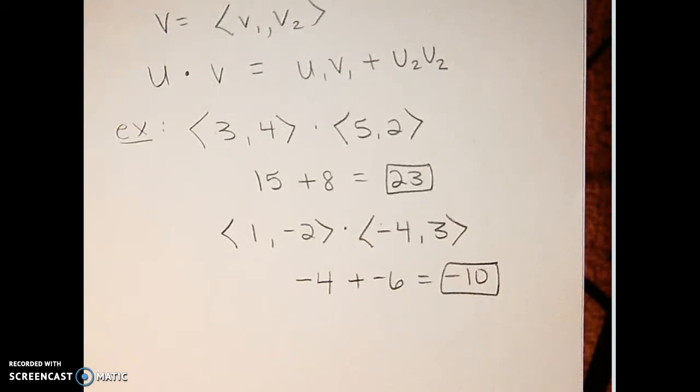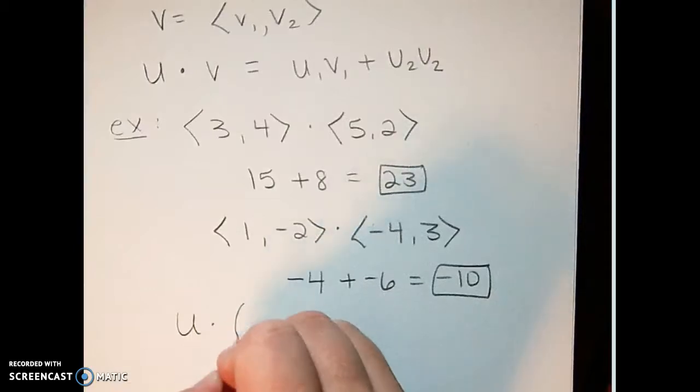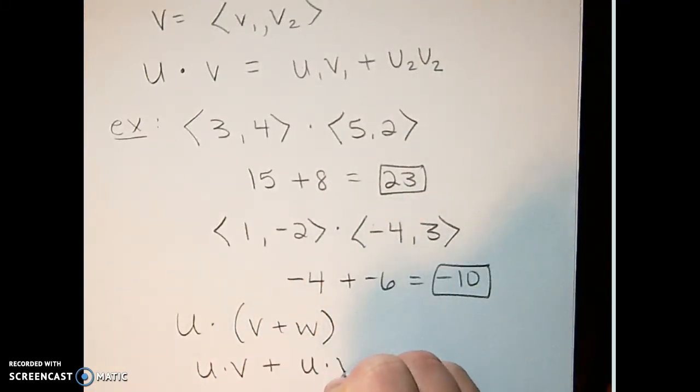The dot product is distributive over addition, which means for u times v plus w, you could add the vectors and then do the dot product, or you could do the dot products and then add those numbers.